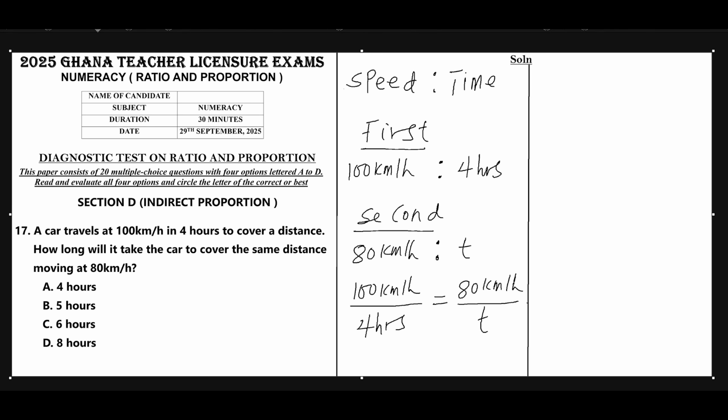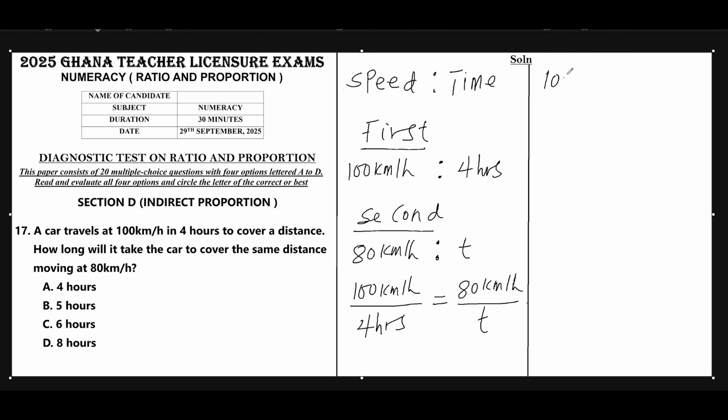On the other hand, when you move at a slower speed, it will take more time to get to your destination. So you see that as the speed increases, it causes a decrease in the time. Increase going with decrease. That is indirect proportion. So for indirect proportion, before we solve, we have to do some interchange.